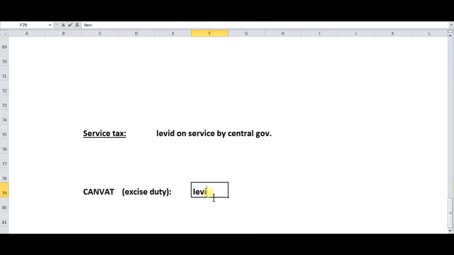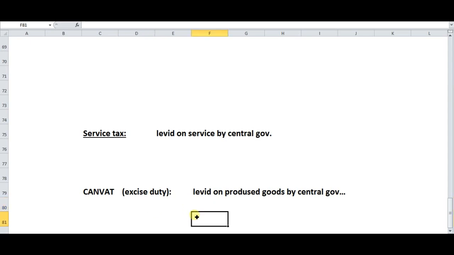Excise duty is levied on producer goods by the central government.